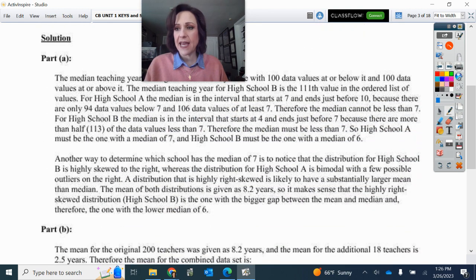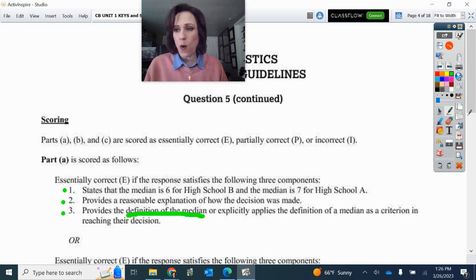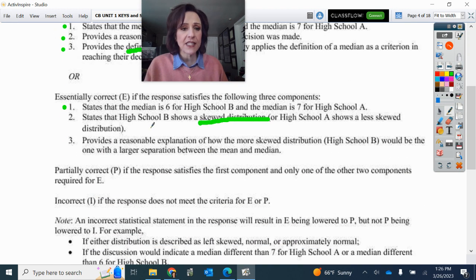All right, so that is the second way that you could get essentially correct: you provide an explanation based on the more skewness of B and the larger separation between the mean and the median. You would get partially correct if you identified the correct high school median values, but you did a poor job of describing the reason for your conclusion.